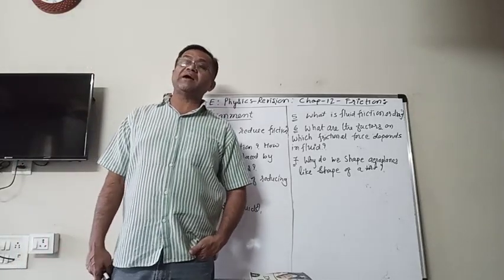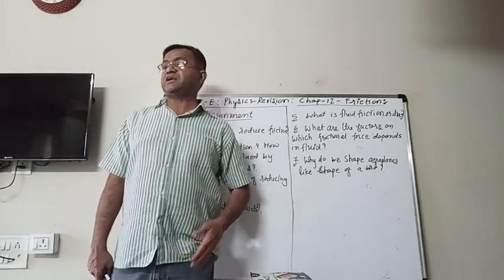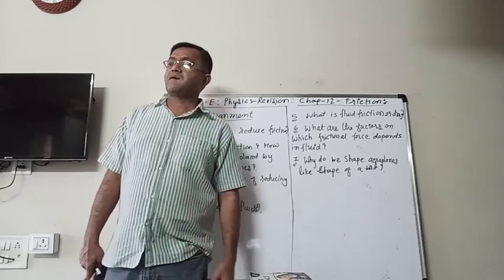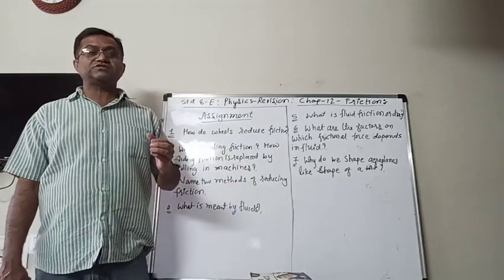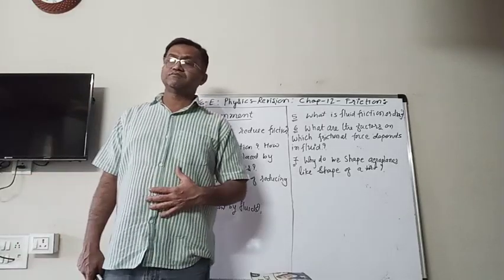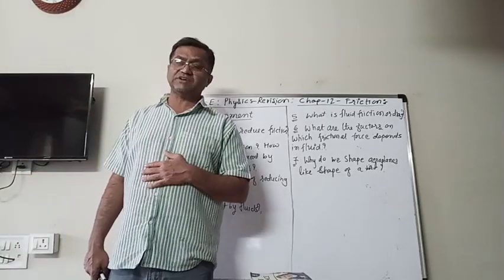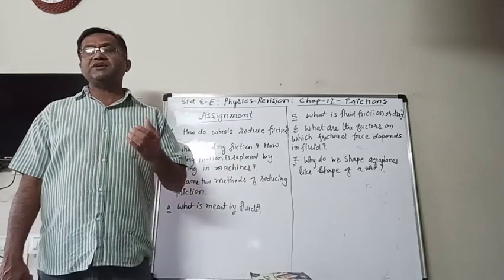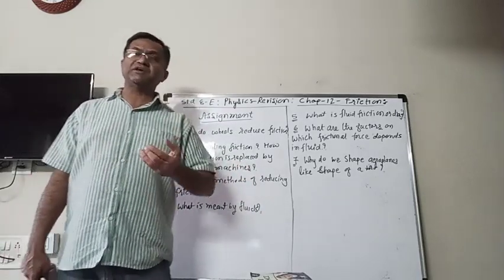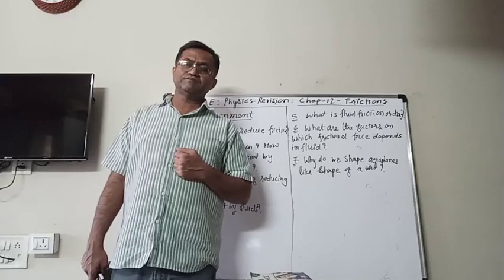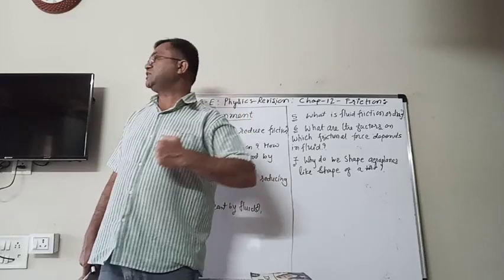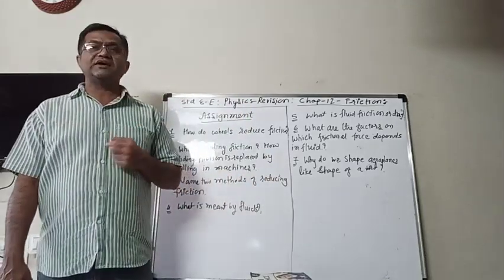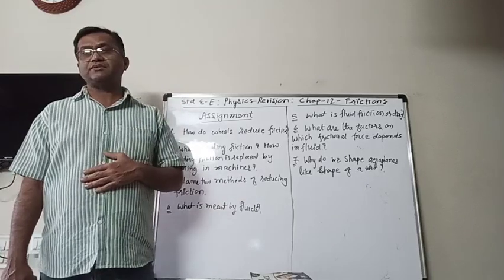The force required to overcome the friction and bring the object from rest into motion is known as static friction. But the force required to keep the object moving with the same speed when it is in motion is known as sliding friction.